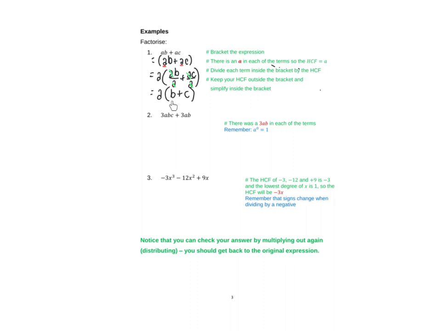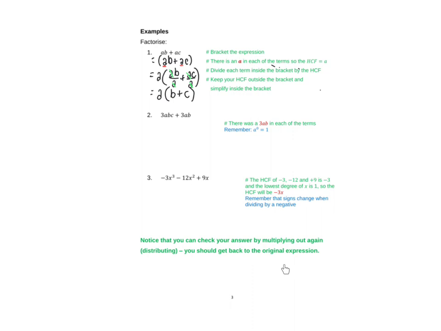And if you multiply in here again, A times B is AB, and A times C is positive AC. You will get back that expression that you originally had to factorize when you distribute again. So you can use it as a kind of test to check your answer.